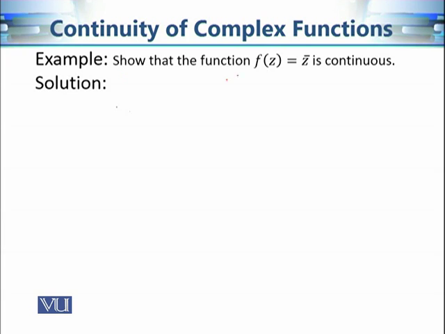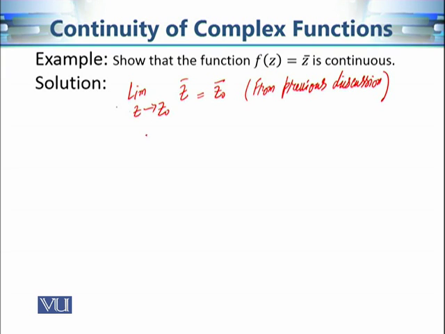Now, let's check the continuity of this function f of z is equal to conjugate of z. From our previous discussion, we have calculated the fact that the limiting value of this function is equal to z0 bar. And of course, the functional value at a point z0 is also equal to z0 conjugate.